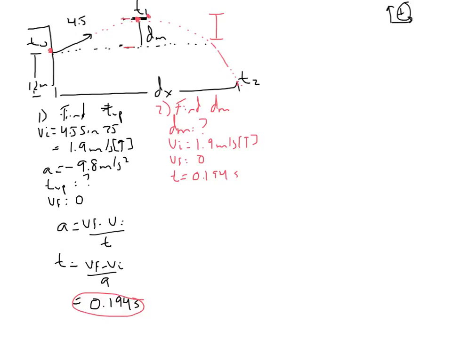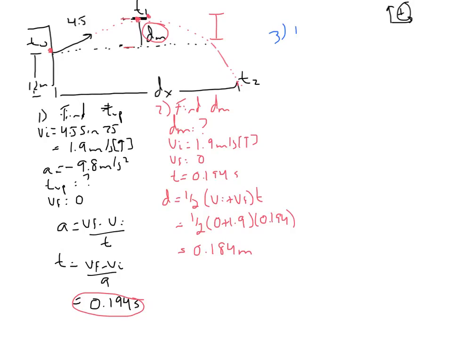So which equation are we going to use? Well, let's use d equals 1/2 (Vi plus Vf) times t. We get 1/2 (0 plus 1.9) times 0.194, and we get 0.184 meters. So that's this distance right here. Okay, dm, 0.184 meters.